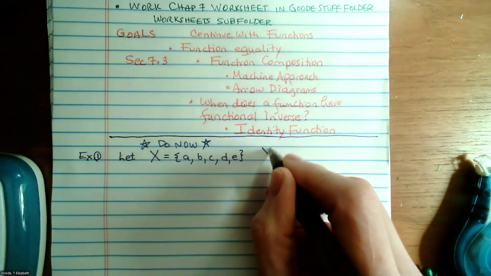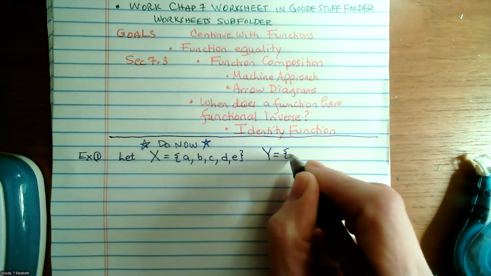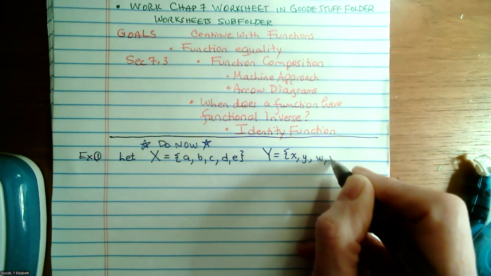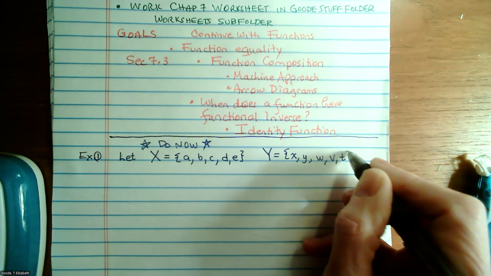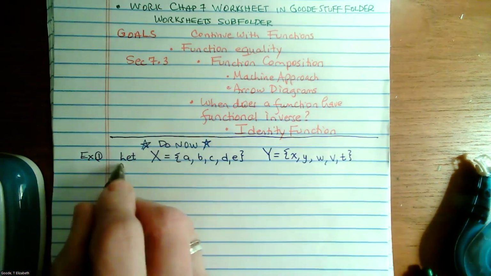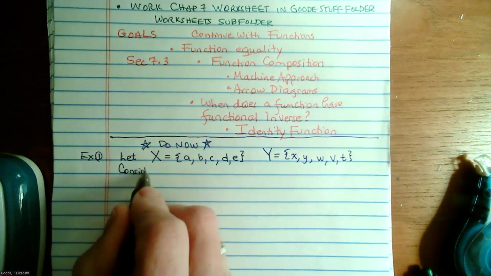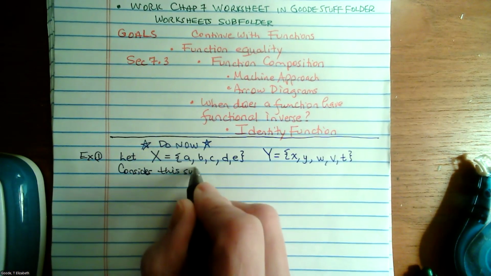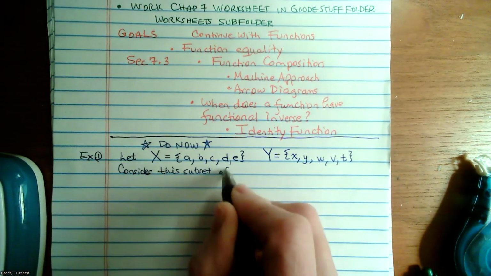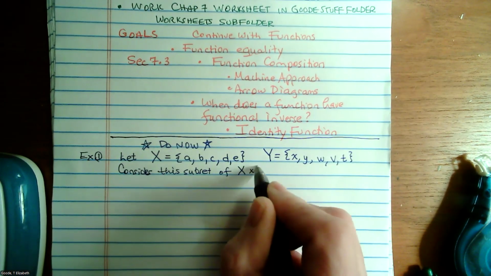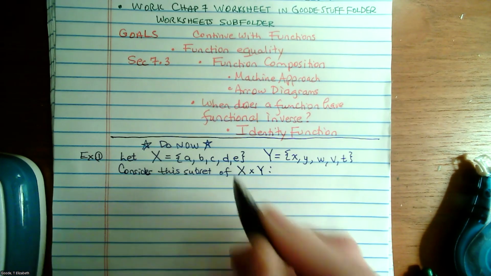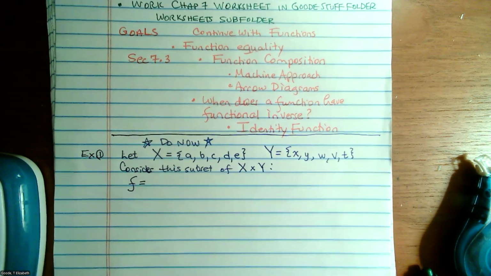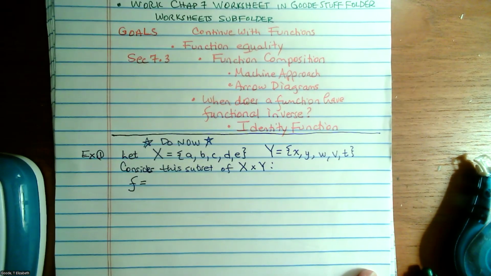And we're going to let Y be the set containing little x, little y, little w, v, and t. Consider this subset of X cross Y. We'll call it F. And of course, the question is going to be, is F a function?